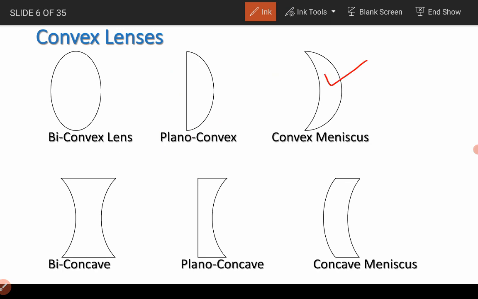While this one here is called convex meniscus. Remember, in Form 1, you learned that a meniscus is just a curve. For example, when you place a liquid such as water in a beaker, the surface is not perfectly flat, it's curved. In case of water, it's curved upwards. So this curved surface is called meniscus.